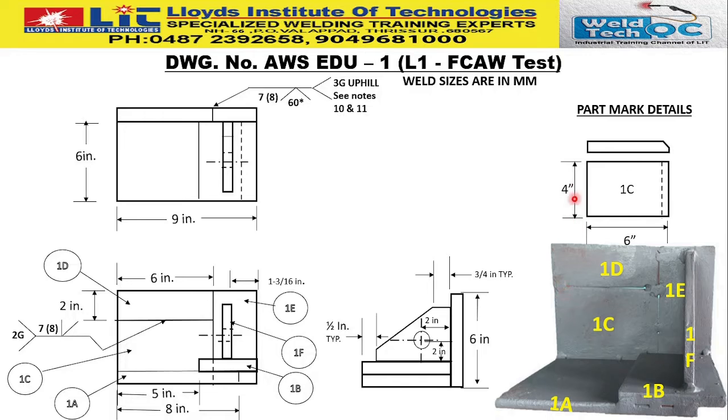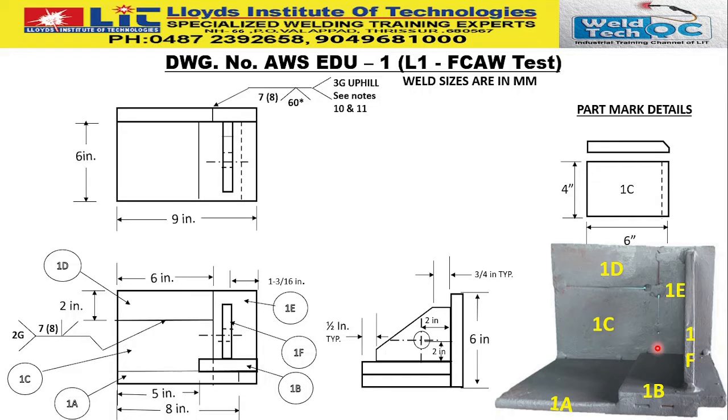Its dimension is 4 inch width, and the height starts from the bottom up to here, which is 4 inch, and from here up to here it is 6 inch. Here the edge preparation will be on the other side. We will see the welding symbols later, and I will be explaining about it.